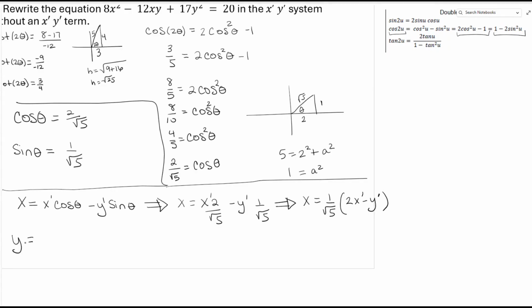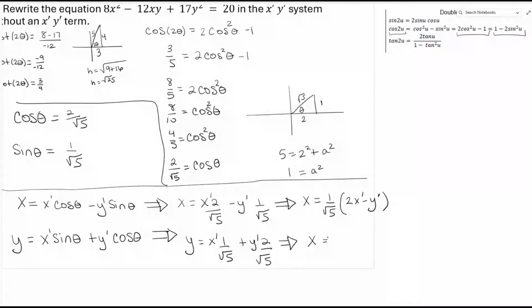Y will equal, thinking back to what we replaced y with, it's plus sign now. Okay. All right, a little bit of cleanup. X prime 1 over root 5 plus y prime 2 over root 5.